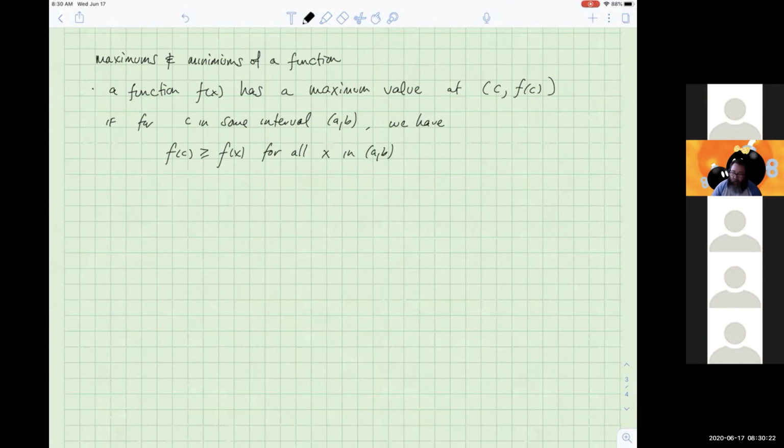Okay, so what is that talking about? Let me just draw a little picture here. Okay, so here's the deal. This is my curve, f of x. Now, as cryptic as that definition might be, all we're really looking for here is the highest point in a given interval. In fact, actually, let me change this a little bit. There, that's better.